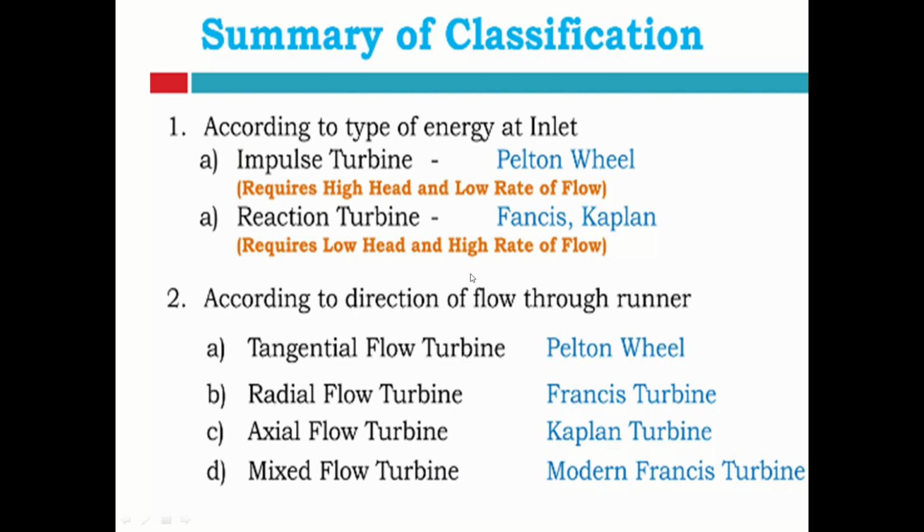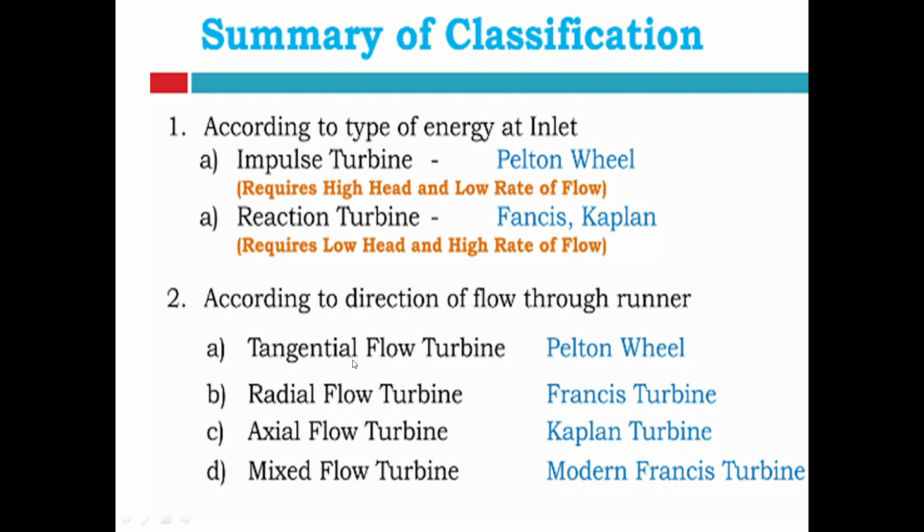Now, coming to the summary of the classification, according to type of energy at inlet, impulse turbine is Pelton wheel, which requires high head and low flow rate, and reaction turbine is Francis and Kaplan, which requires low head and high discharge.